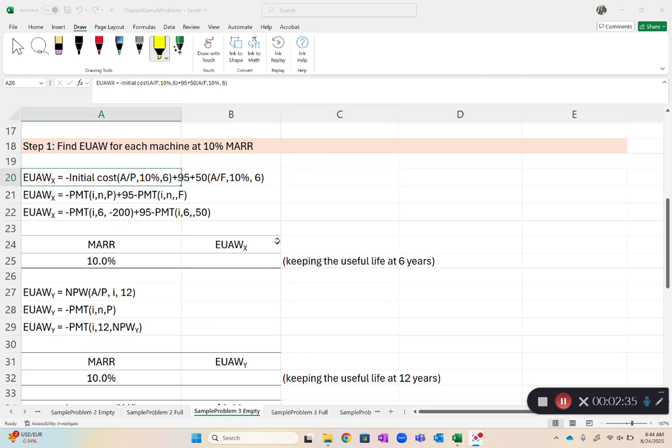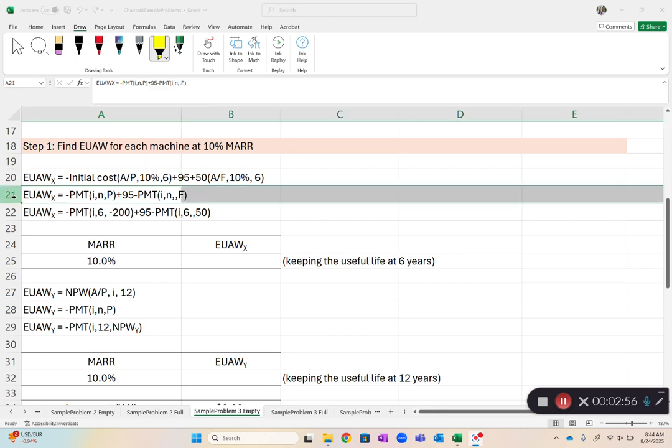So I'm going to say then that that's my initial cost that I want to convert to an annual value, plus $95, which is already an annual value, plus $50 times, and then that's going to be a future value because it's a salvage value, so I need to convert that to an annual value, sorry. Okay, so then I'm going to write that out using Excel formulas.